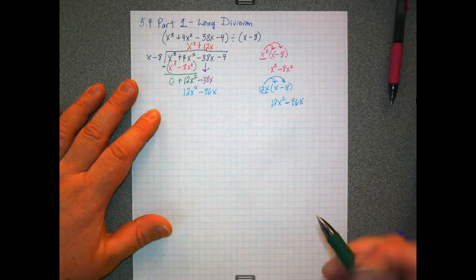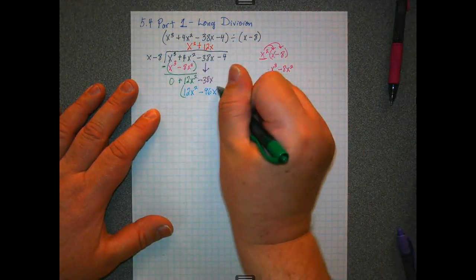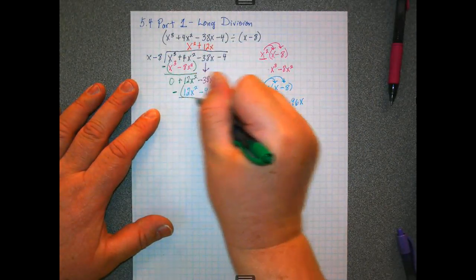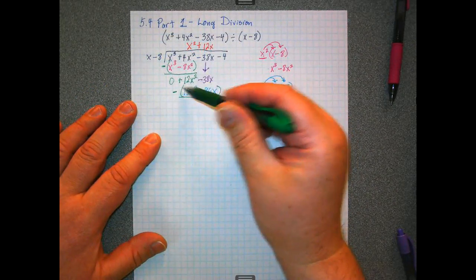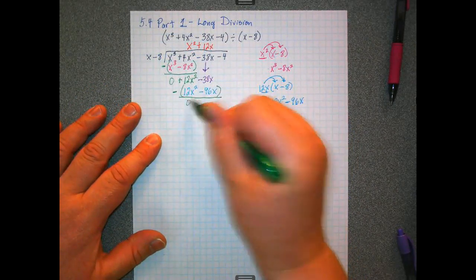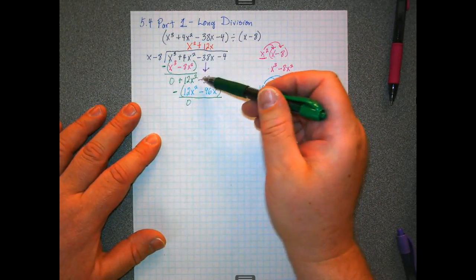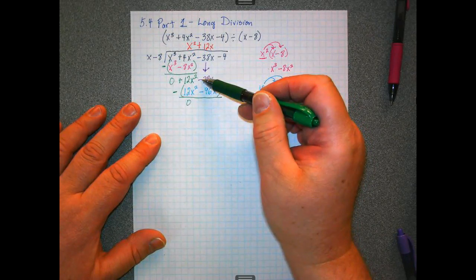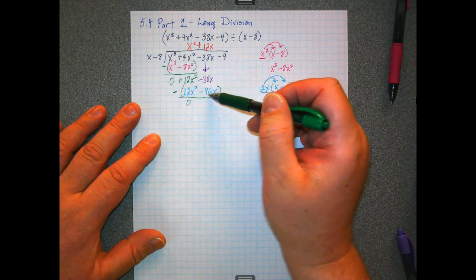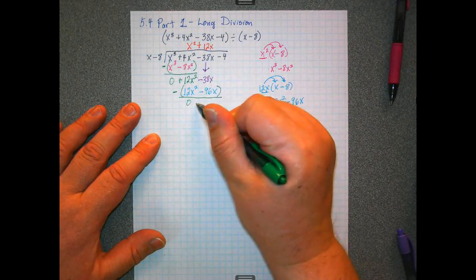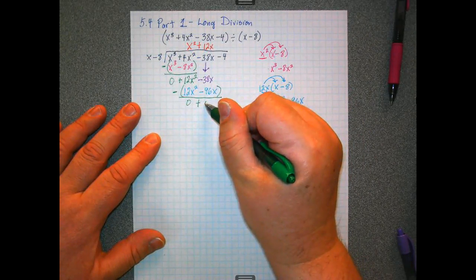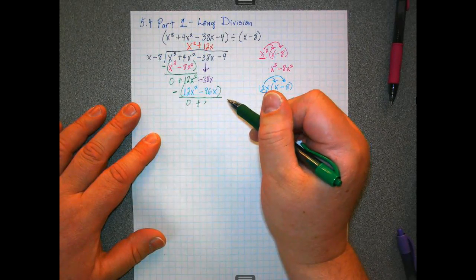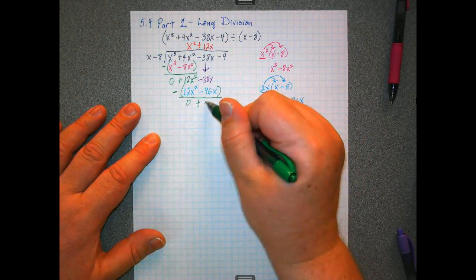12x squared minus 96x. I'm subtracting the entire product. 12x squared minus 12x squared, there's my 0. Again, I've got that double negative here, so I'm adding 96x to negative 38x, which gives me 58x.